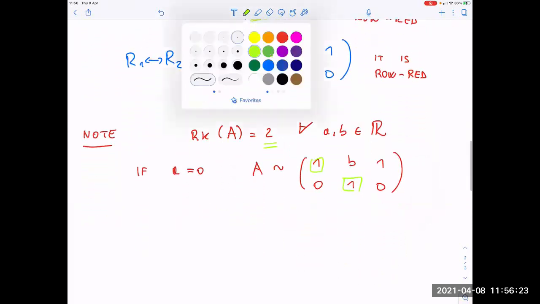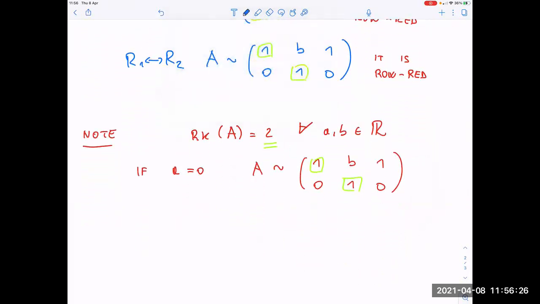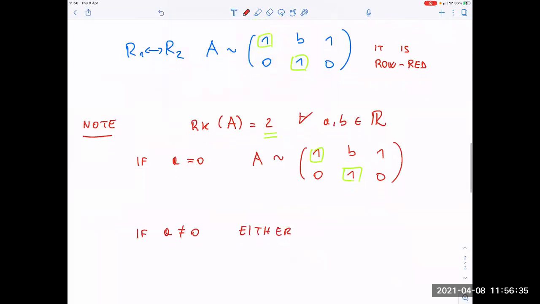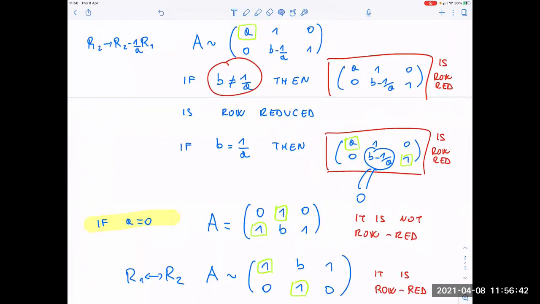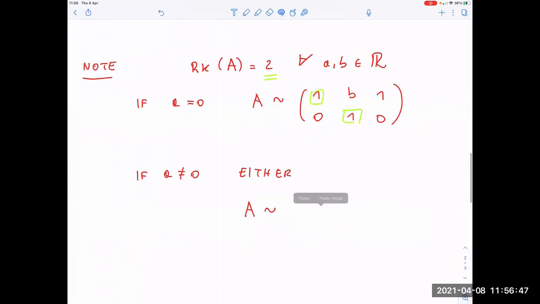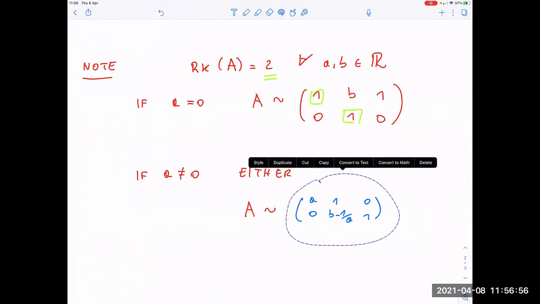And then if A is not 0, what happens? A is row equivalent to the first form we found, this one here, in which we have markers in these positions.